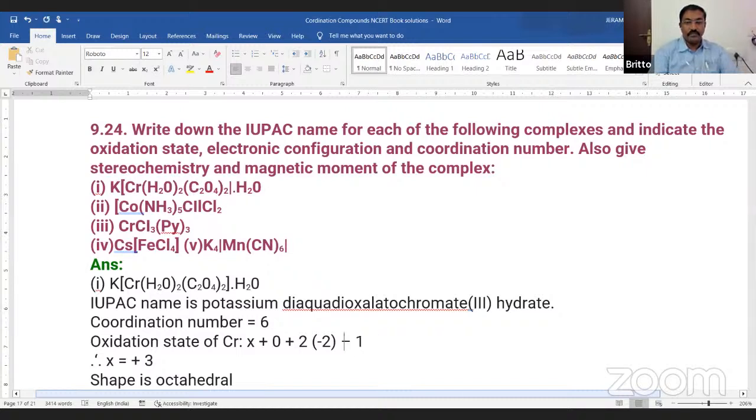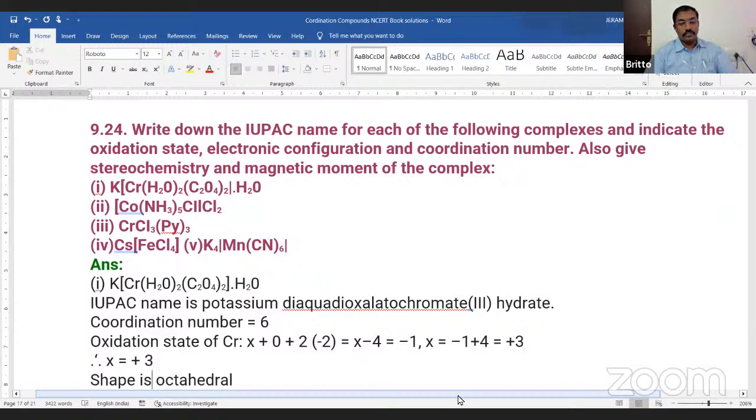So x minus 4 equals minus 1. So x equals minus 1 plus 4, equal to plus 3.